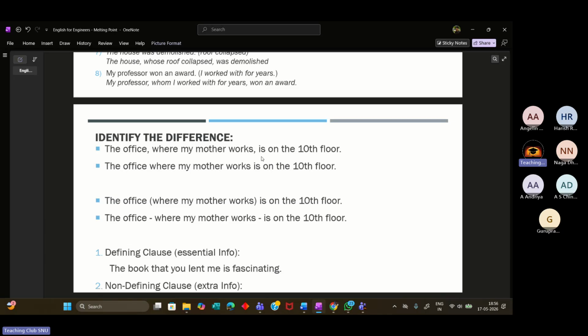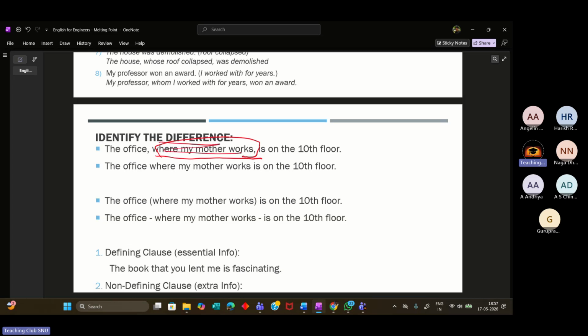In the first sentence, the clause where my mother works is extra additional information, merely providing some context, which is not mandatorily required.